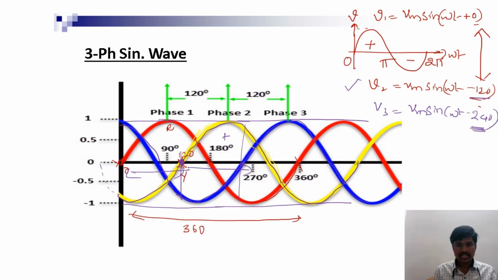That means we are getting a balanced three-phase voltage source, which is represented with three-phase sinusoidal waveforms. Like this, we represent three-phase sine waves.